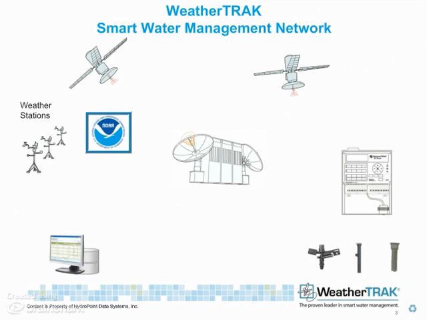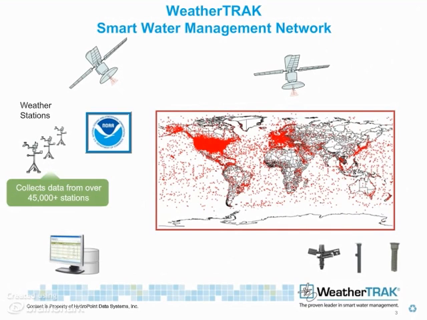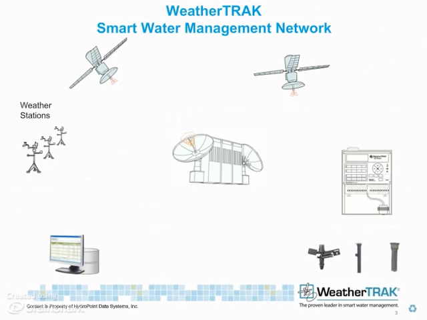Specifically, through our partnership with the National Oceanic and Atmospheric Administration and other scientific weather information sources, we are able to access weather information from more than 40,000 separate weather stations around the world. Each one of those weather stations is constantly collecting raw weather data and streaming that information online to our Climate Center.